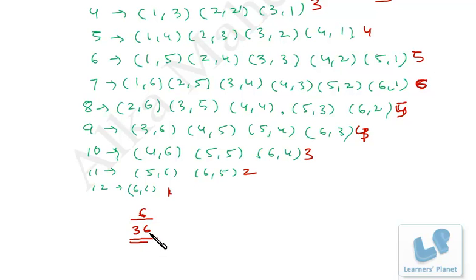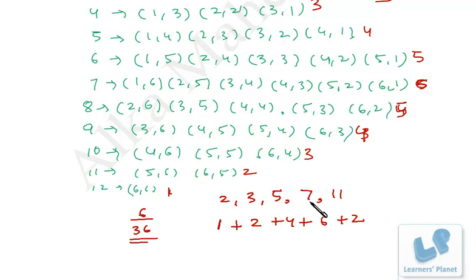Now if the question is that the sum should be a prime number, right? Now we have the prime numbers as 2, 3, 5, 7 and 11 over here. Now for 2, how many cases are there? 1. For 3 we have 2 combinations, for 5 we have 4 combinations, for 7 we have 6 combinations, for 11 we have 2 combinations, right?